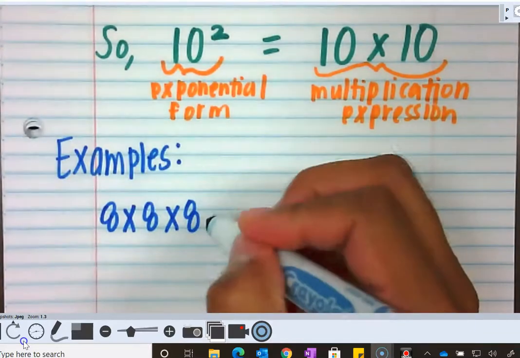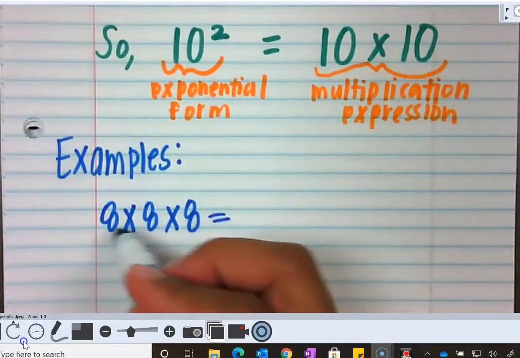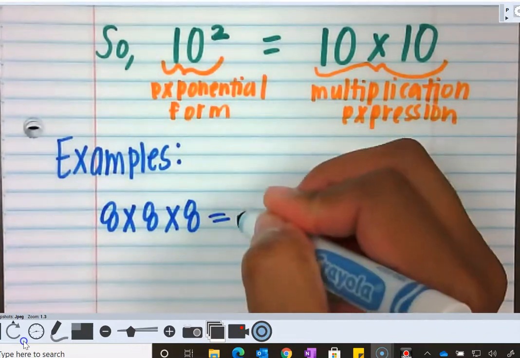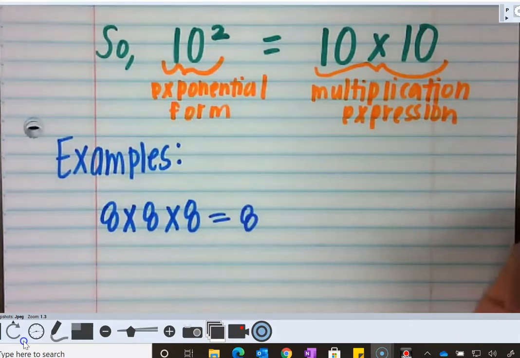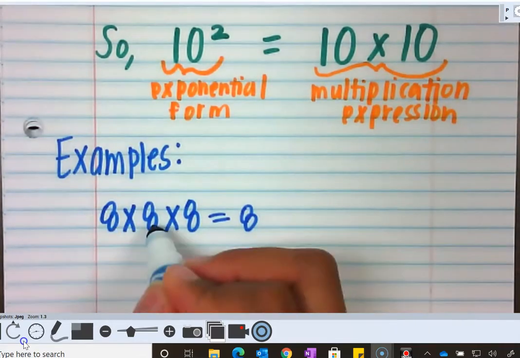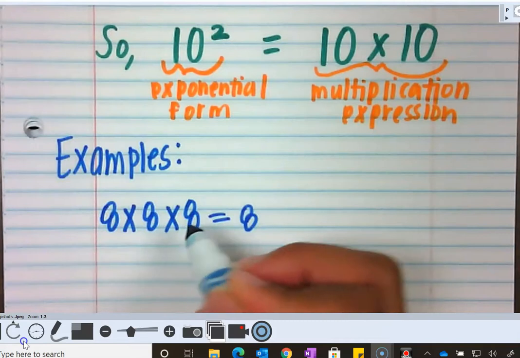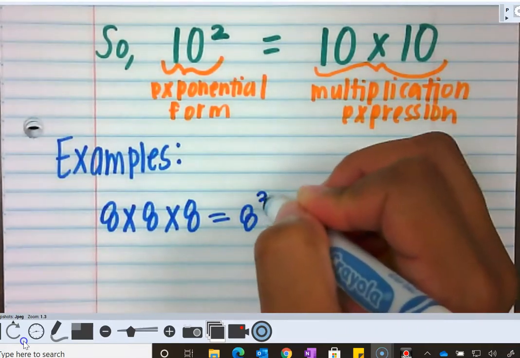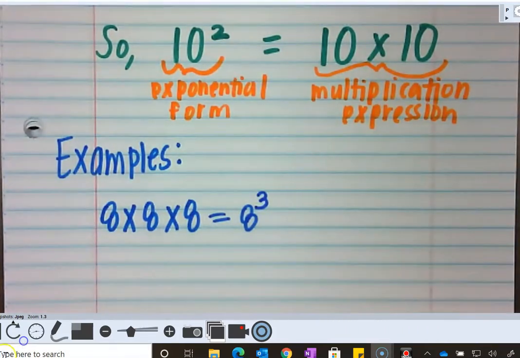So the first thing I want to ask myself, well, what are the factors? The factors are 8. My base is going to have to be 8. What is the number of times we multiply 8 to itself? Well, 1, 2, 3. And so our exponent would have to be 3. All right, let's keep it moving.